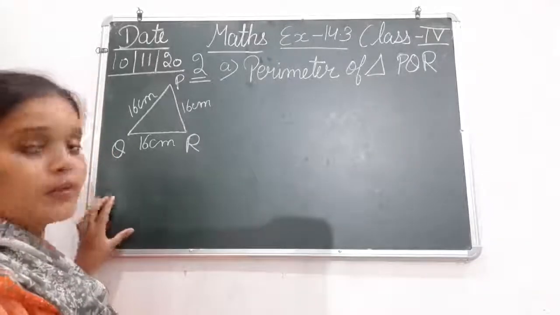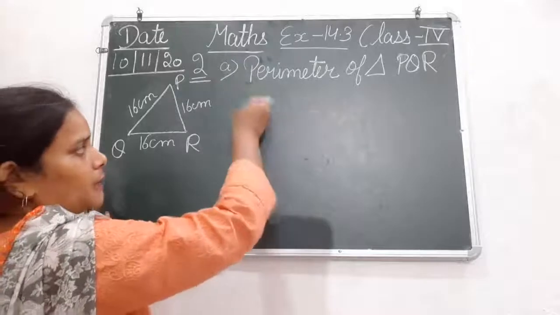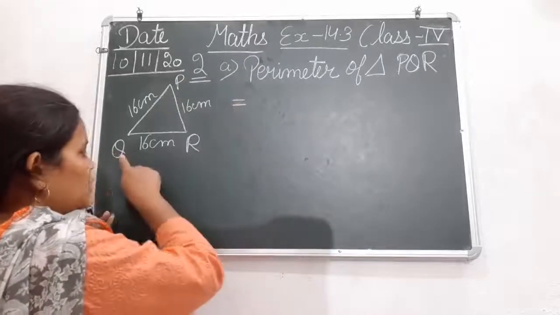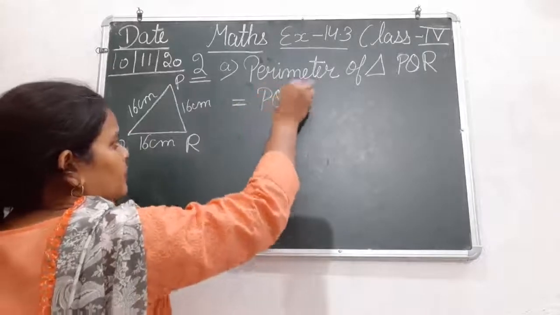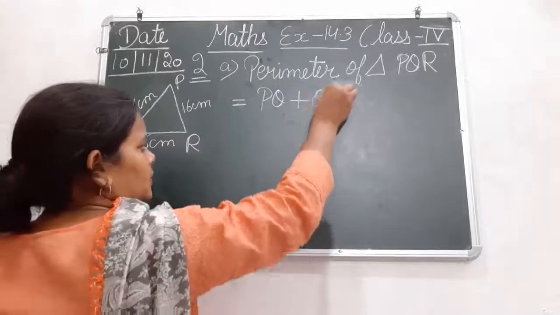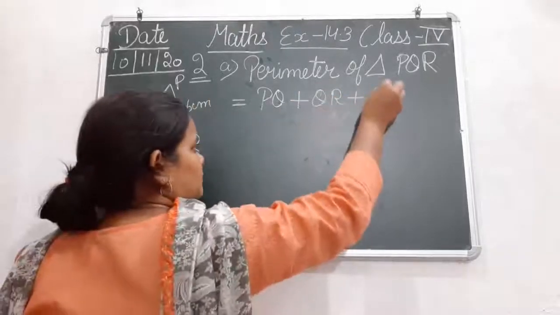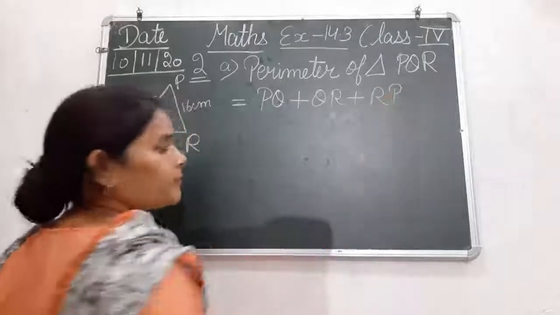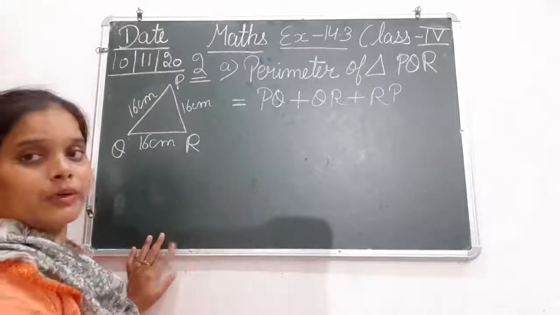Okay, so first of all we are going to write the name. So perimeter of triangle PQR is equal to PQ plus QR plus RP. Okay, now we have to write their measurements.